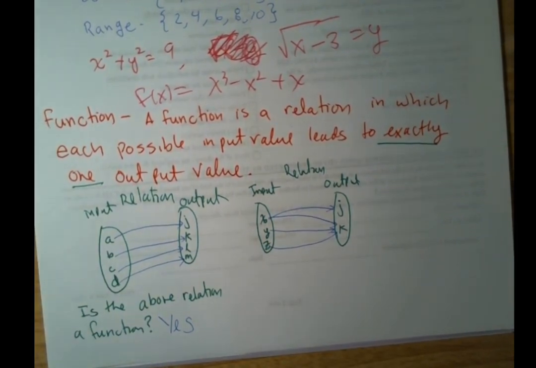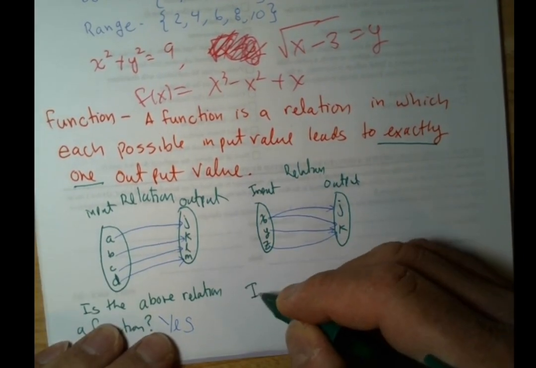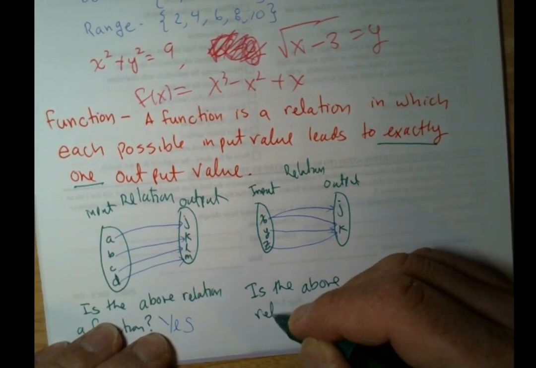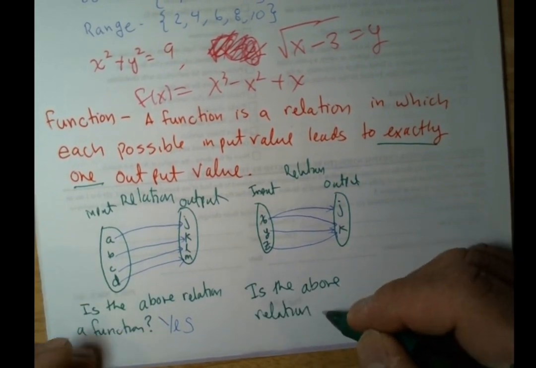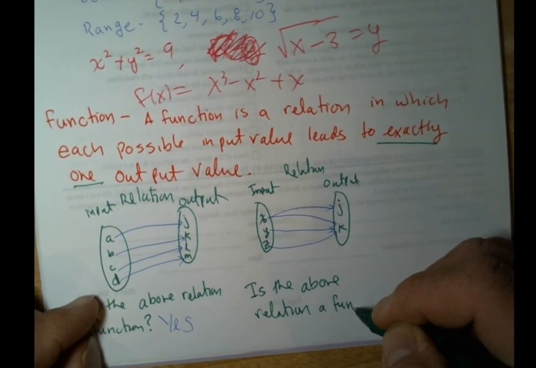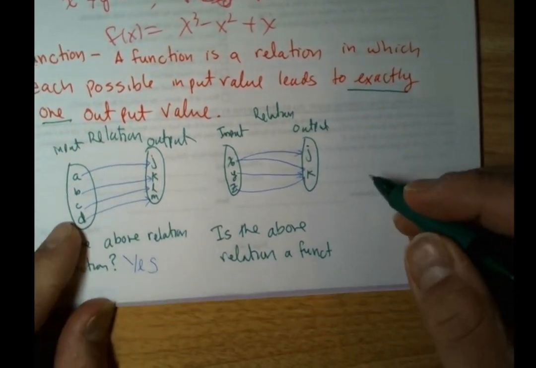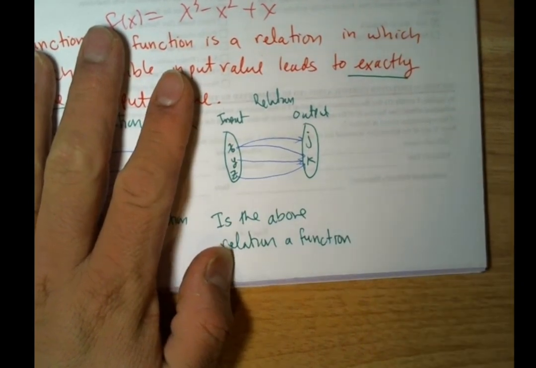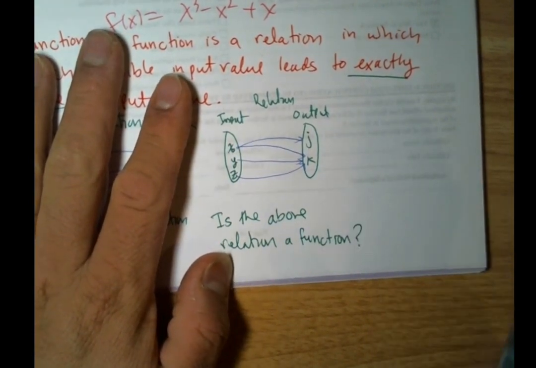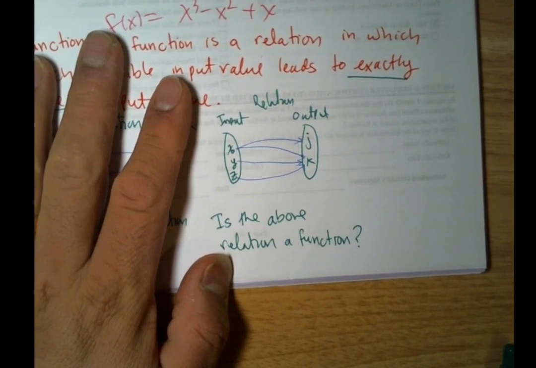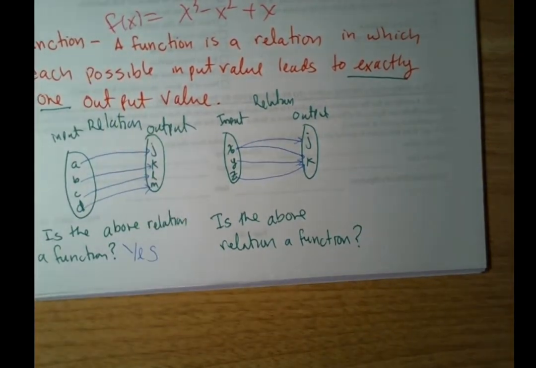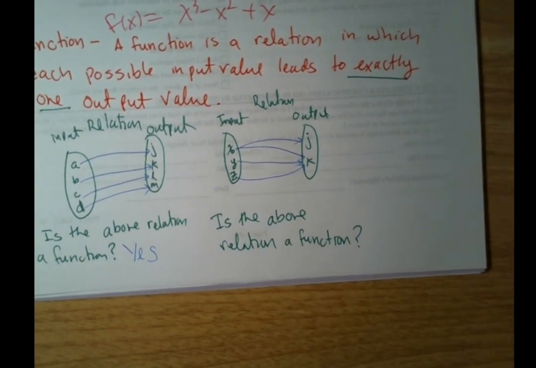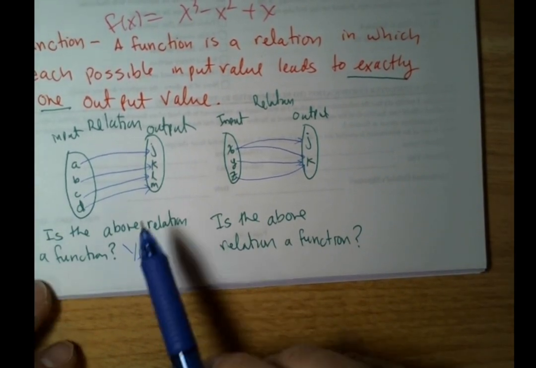Now let's ask ourselves the same question: is the above relation a function? Let's look at our definition. It says each possible input value leads to exactly one output value. Well, I do have something that contradicts that definition.